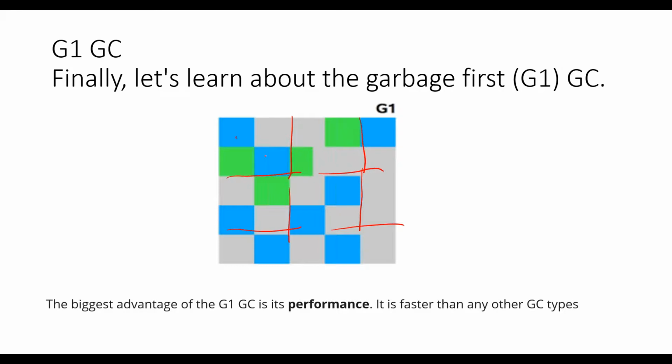You can see the blue ones are unused objects. It will collect for that segment. So the entire heap space is there, and it is dividing it.